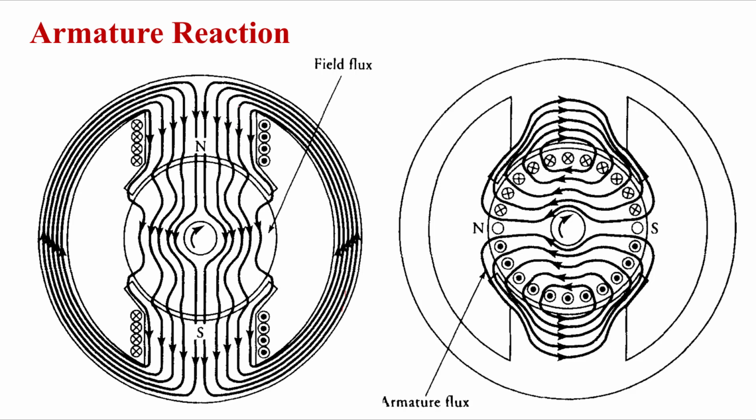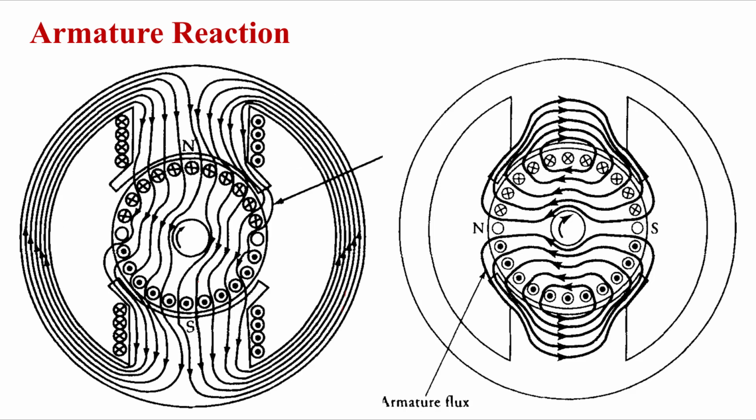Whatever flux is produced by the north and south field poles will now be distorted. On one side the magnitude will increase, and on the other side it will decrease. We'll see the waveform in a pictorial view. This is the distortion that will happen.